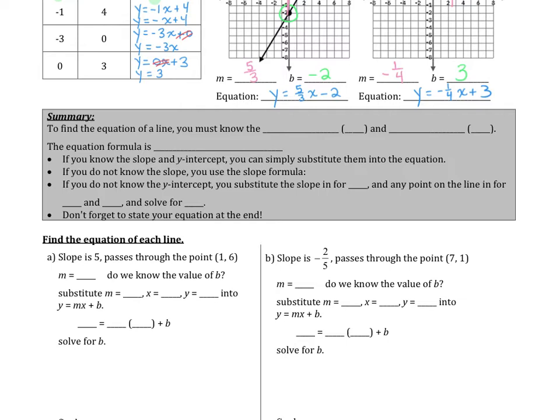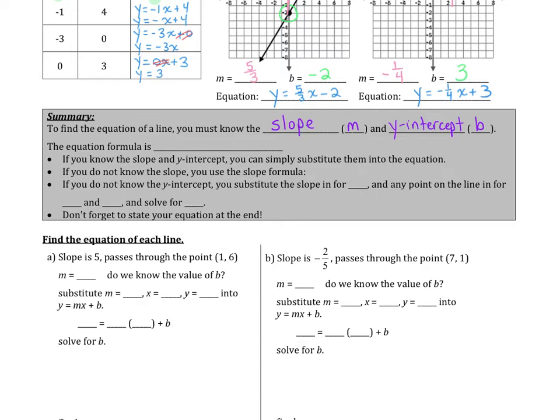And to fill in this table, to find the equation of the line, you must know the slope, which is the m, and the y-intercept, which is b.